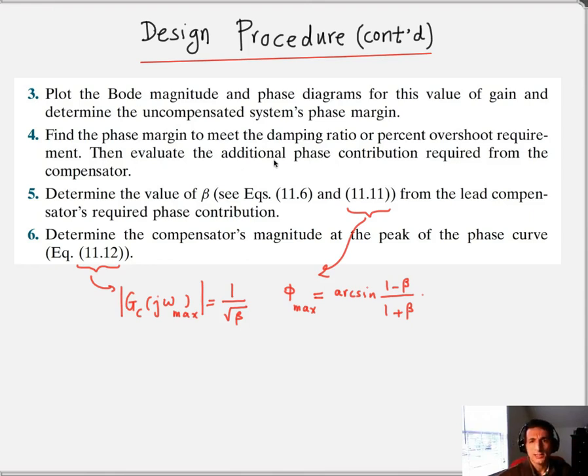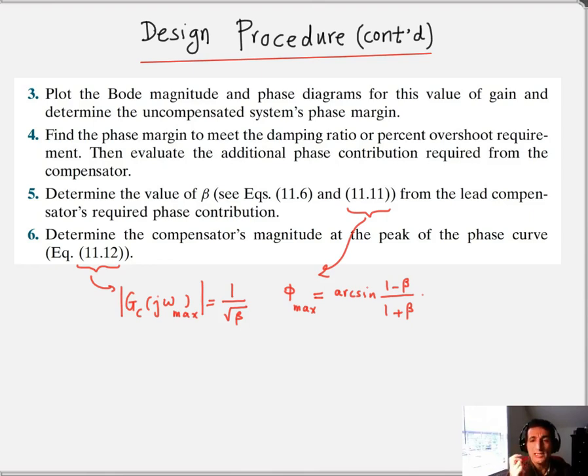Then you evaluate the additional phase contribution required from the compensator. I'm going to talk about that in the example that I do. But if you remember, for the lag compensator, we assumed that the contribution of the lag compensator was between -5 and -12 degrees, so we just considered that to be -10 degrees.